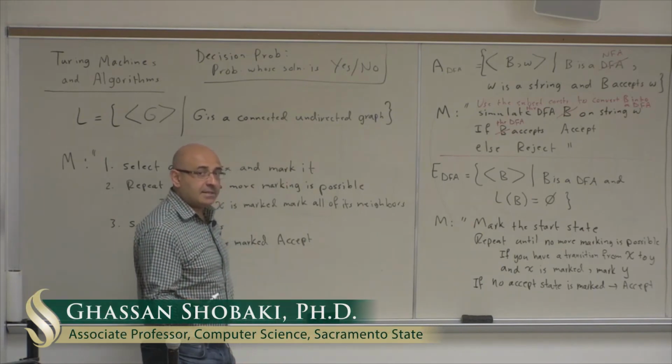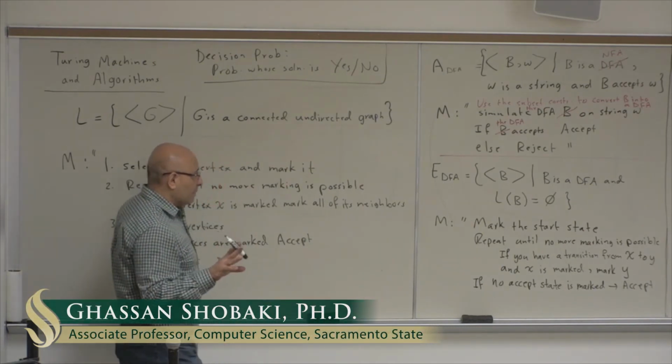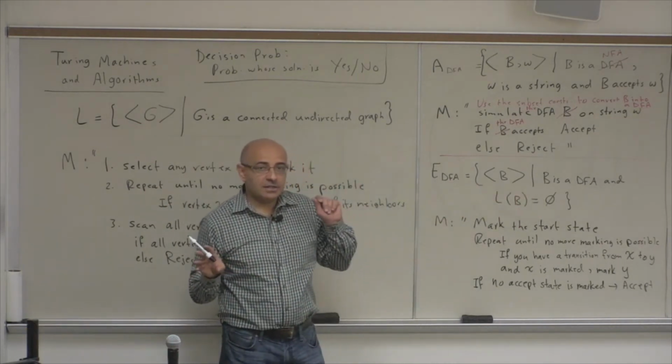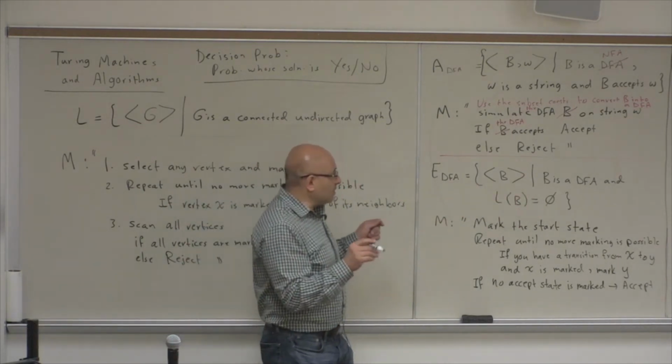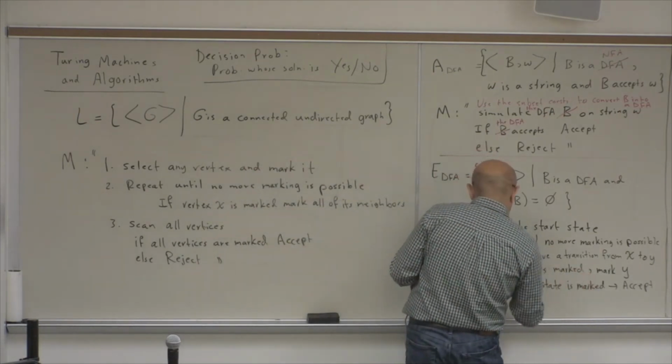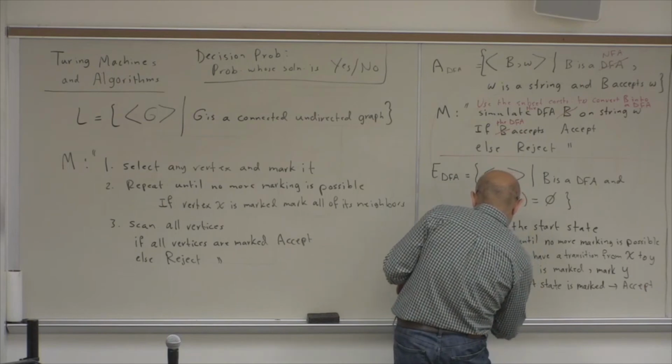Because in this case, the string belongs to the language, which is the language of DFAs for which the language is empty. If no accept state is marked, accept, else reject.